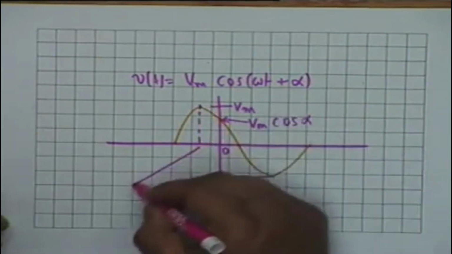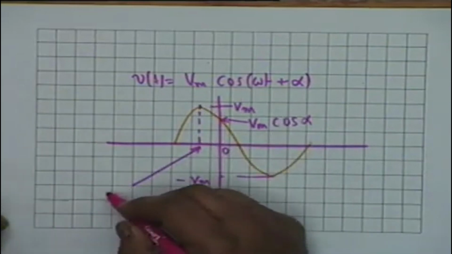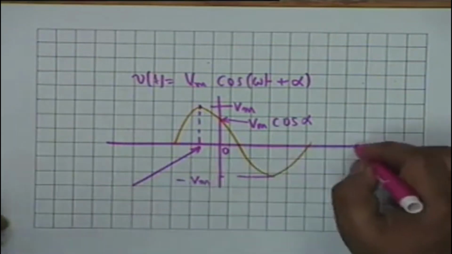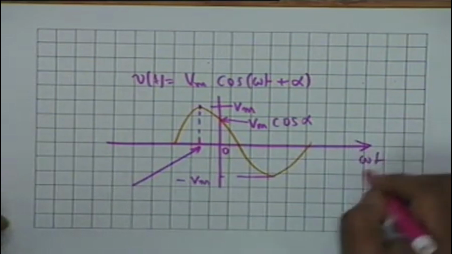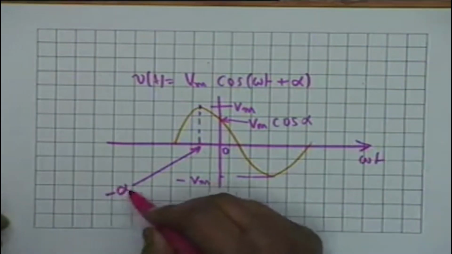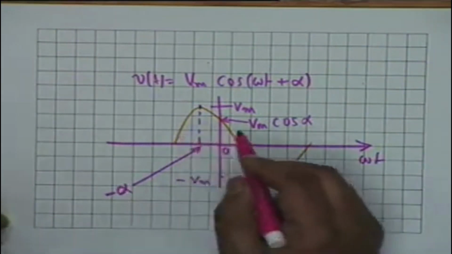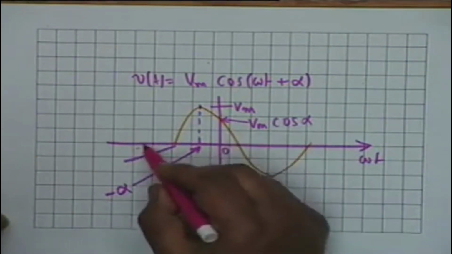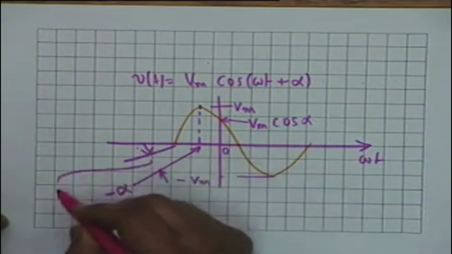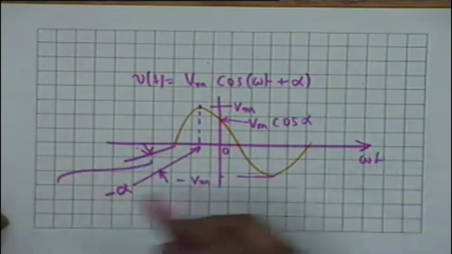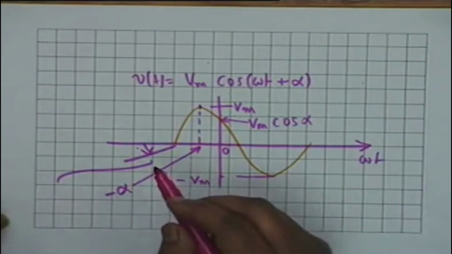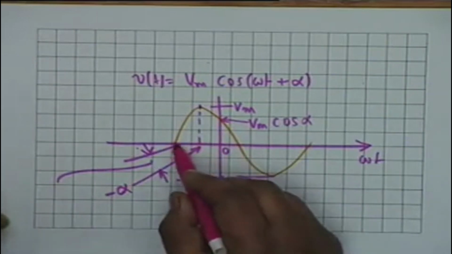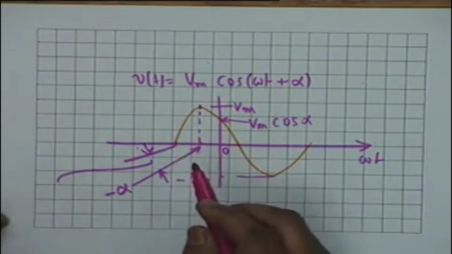What is the value of time corresponding to this? Obviously, if this is omega t, then this would be minus alpha. Agree? What is the difference between this time and this time in terms of omega t? What is the difference of omega t between this point and this point?